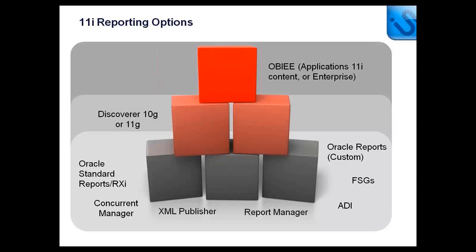There was also XML Publisher that was available in 11i, and XML Publisher was used really to help make your reports look prettier. So there are XML templates that can allow you to, instead of just having that report look like an old dot matrix report, look like a PDF that can be pretty, or XML or a Word doc.